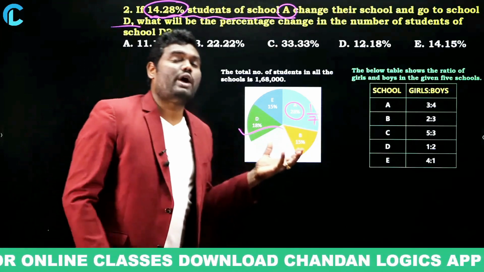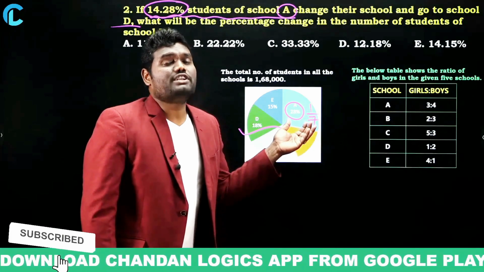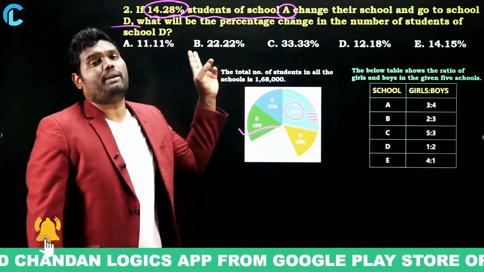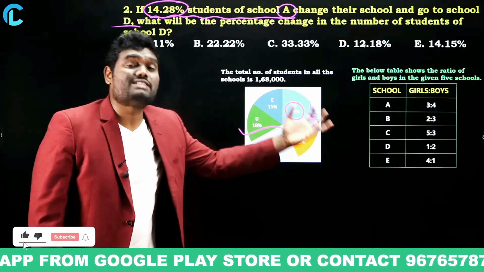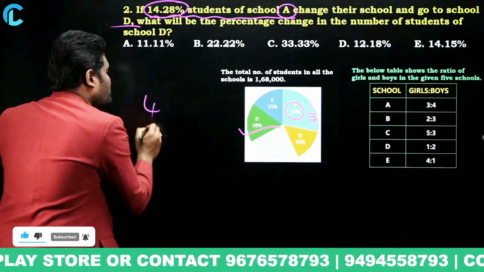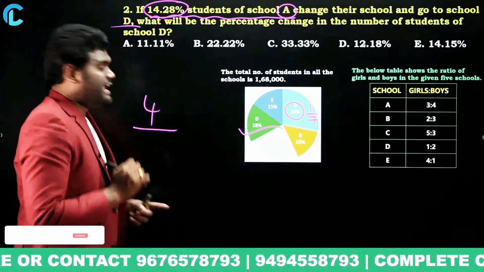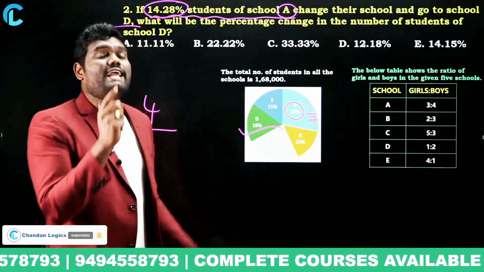In school A, 28% are there. Out of this 28%, 14.28% means 1/7. 1/7 of students are coming and joining. 1/7 means 4%. So 4% of students are coming and joining school D. Now the change is 4. Yes or no? Change is 4.